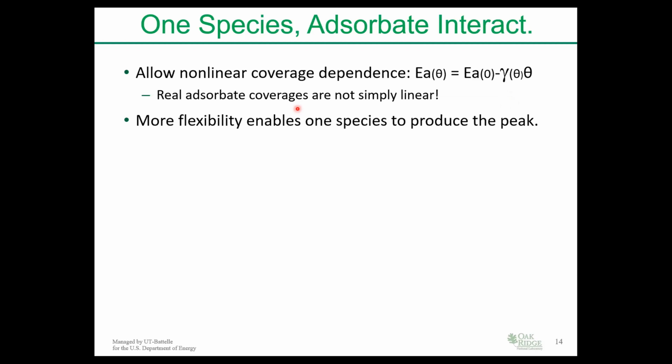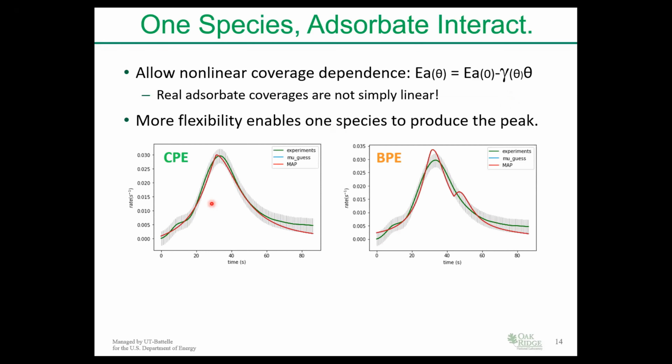Real adsorbate coverages are not simply linear. And by doing so, we can actually have enough flexibility to produce that peak shape with a single species at a single site. The conventional parameter estimation result, again, has a very successful reproduction of the peak.